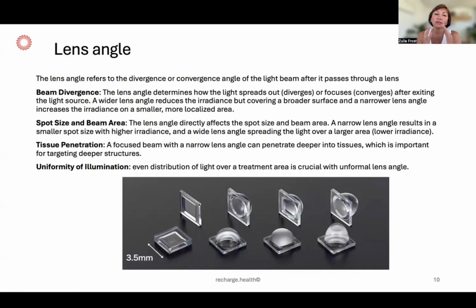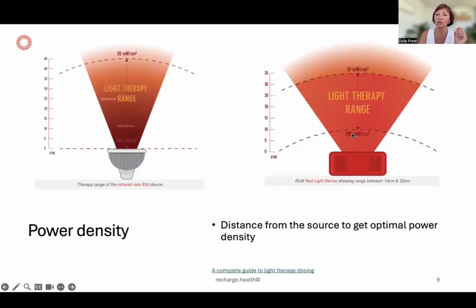So the lens angle determines how light spreads or diverges, or focuses, converges after exiting the light source. A wider lens angle reduces irradiance, but covers a broader area. This is the second scenario. You see, it's wider, but covering a broader area.